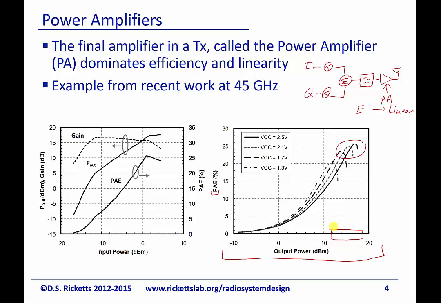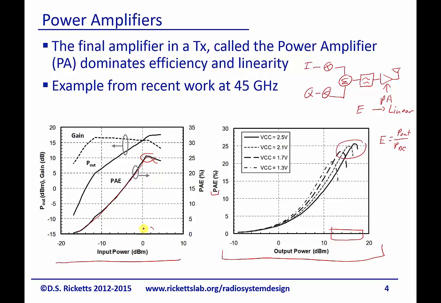That makes sense because if I have a constant DC current, or constant DC power, being used by my system, I get more efficiency the more output power I transmit, because efficiency, as we remember, is just P out over P DC.